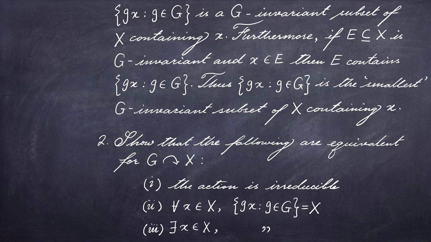So thus we obtain that this is the smallest G-invariant subset of X containing x. Note that here smallest means in the sense of containment. So every G-invariant subset of X containing x must contain the collection of all translates of x.